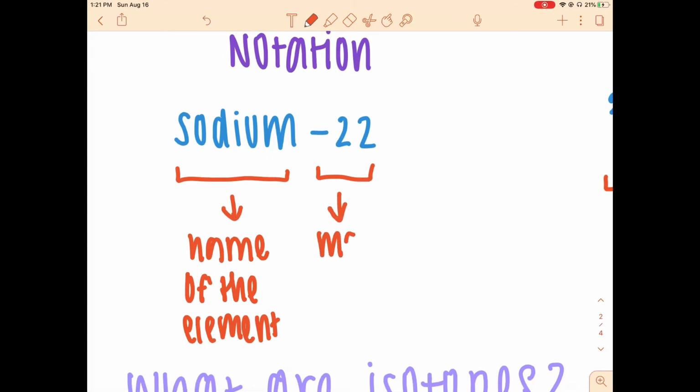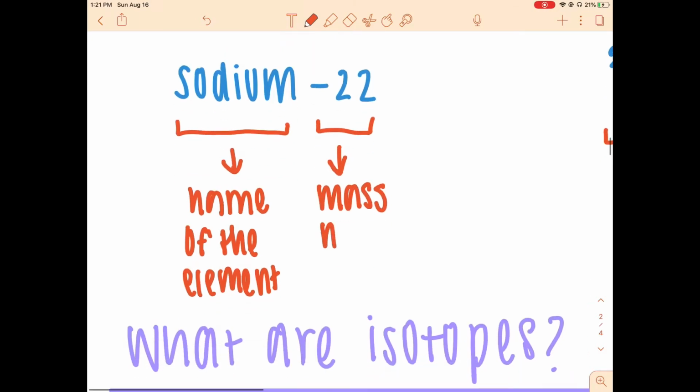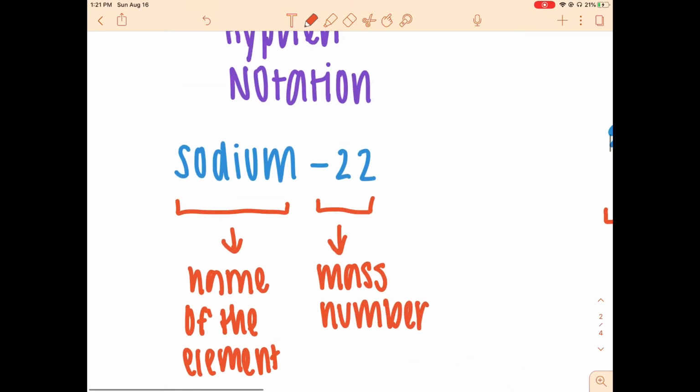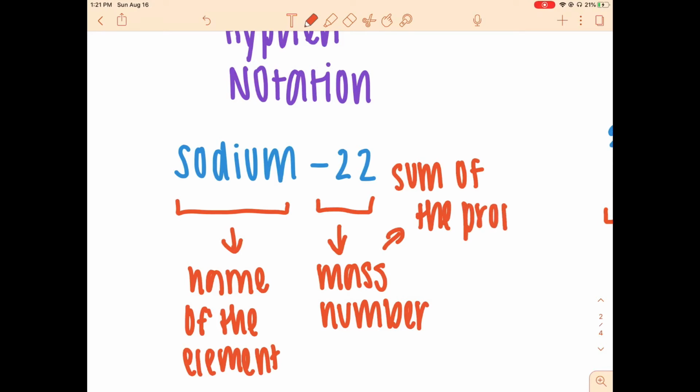The mass number is essentially the sum of the number of protons and neutrons in the element. So 22 is the sum of the protons and neutrons. This is a pretty normal type of notation that you'll see quite often. When we talk about isotopes, you'll see it again. So that'll be pretty cool to see it appear again.